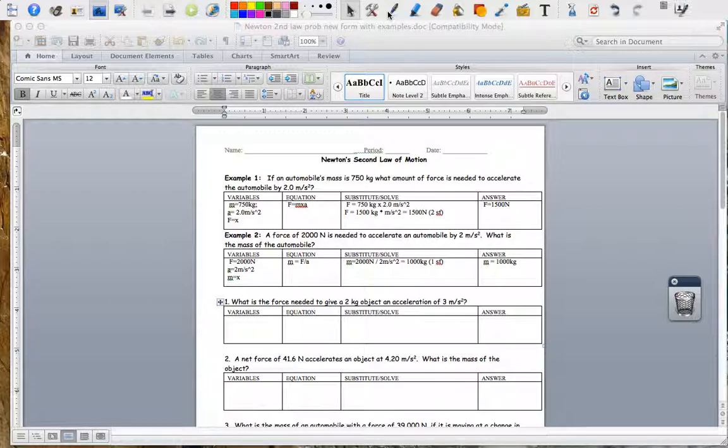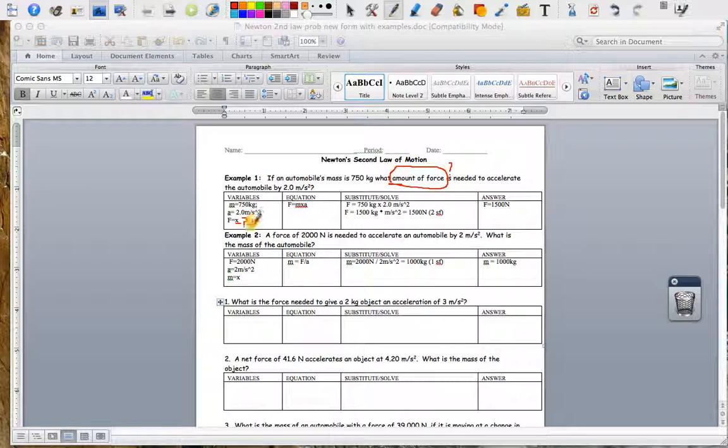First, it's asking you, what is the amount of force? That's our question. We need to find that amount, which is indicated here. We'll put the question mark there. Just ignore the X here, please.